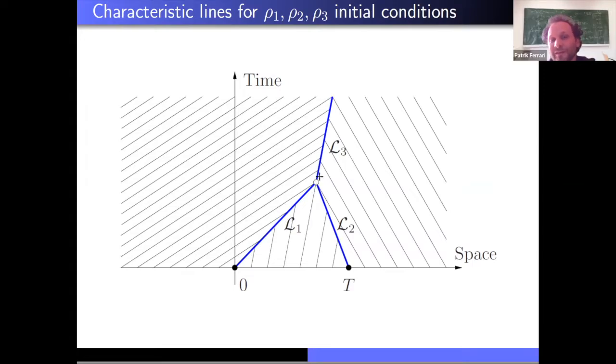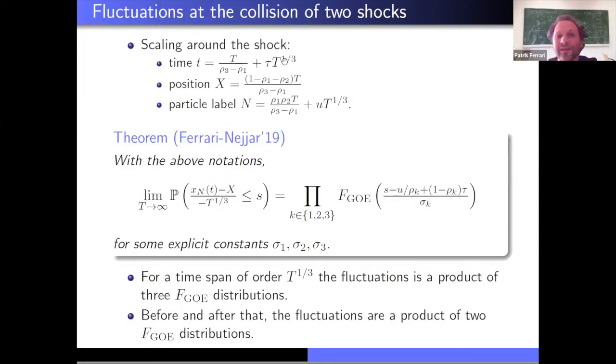Here we are looking at a capital T to the power 1/3 neighborhood, both in the time and in the space direction. So we take time, which fluctuates of order T to the 1/3, and particles T to the 1/3 away.